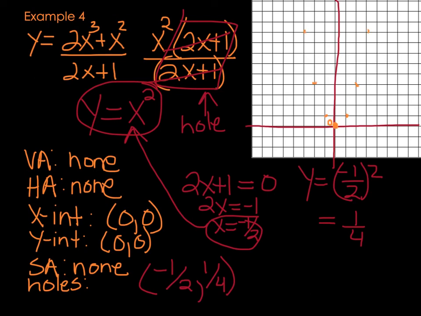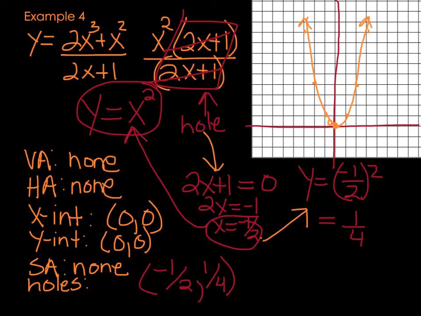So all the rest of it just gets sketched like a normal y equals x squared. The only difference is it has that open circle on there because it has a hole. So remember, to find the hole, you first take what you've crossed out, set it equal to 0, get x. Plug that x into the remaining equation and get y, and that's the ordered pair of your hole.